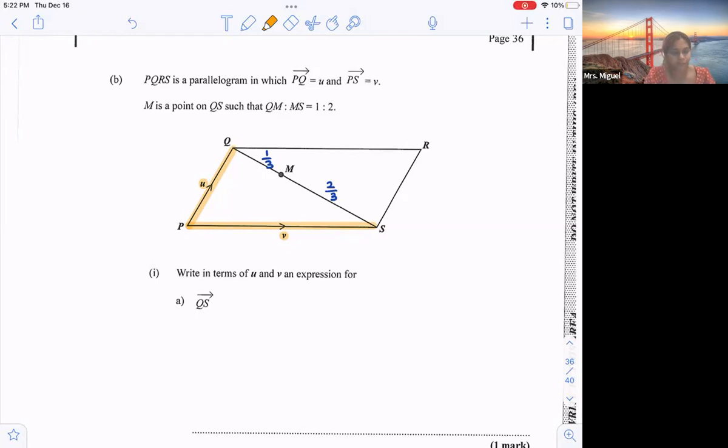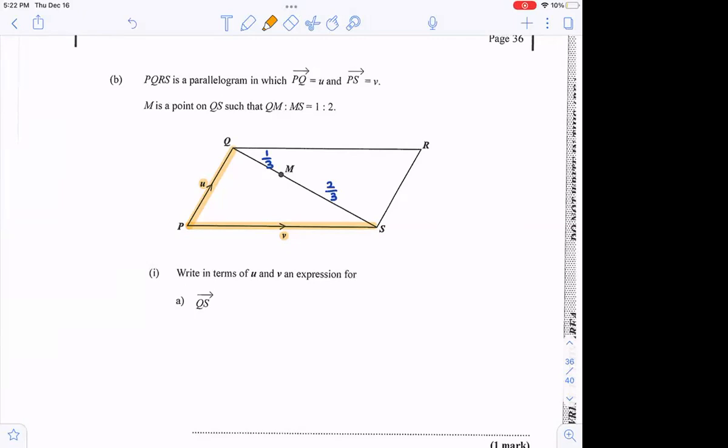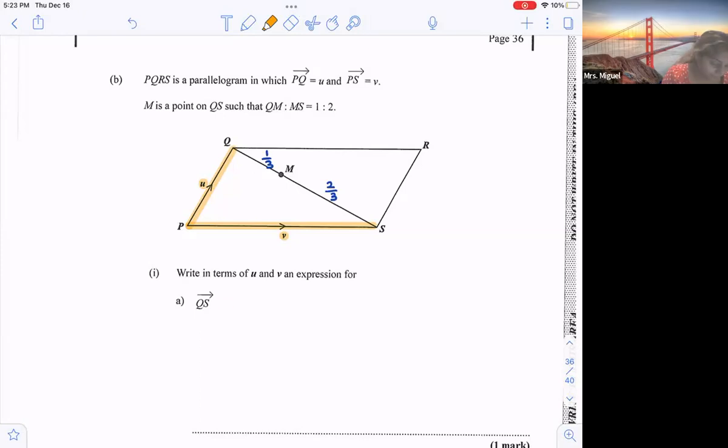You want the 2 vectors which you can add to give you QS. SQP plus PS. You are correct, Nicole.